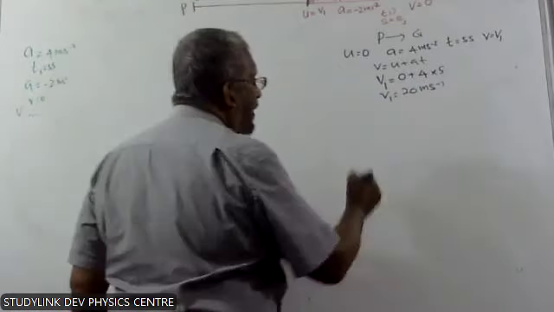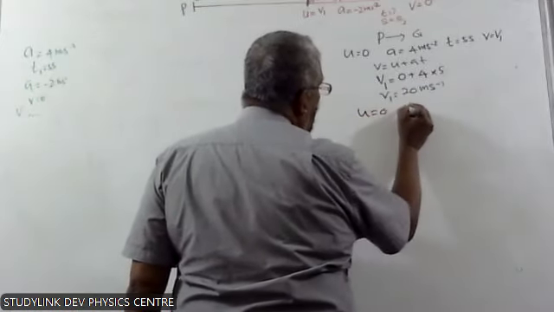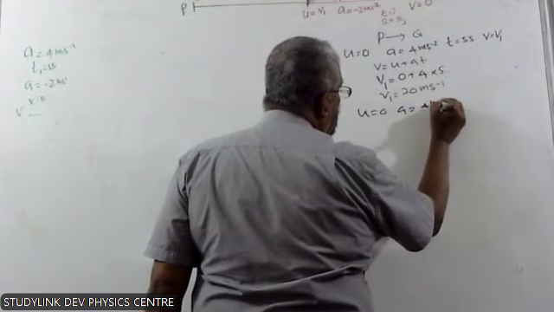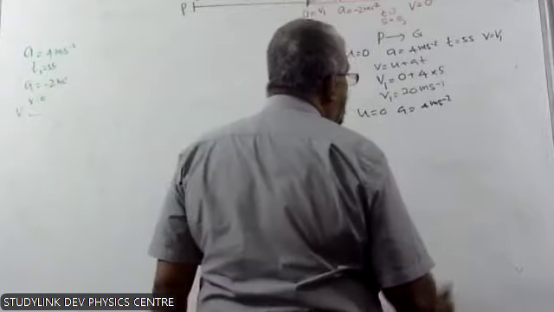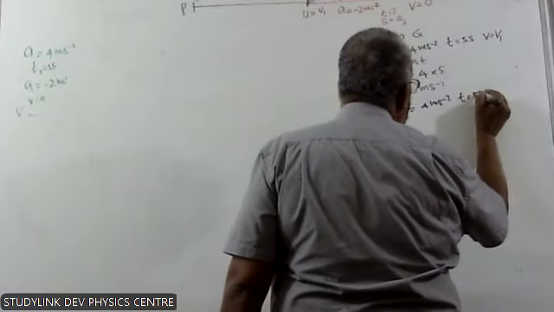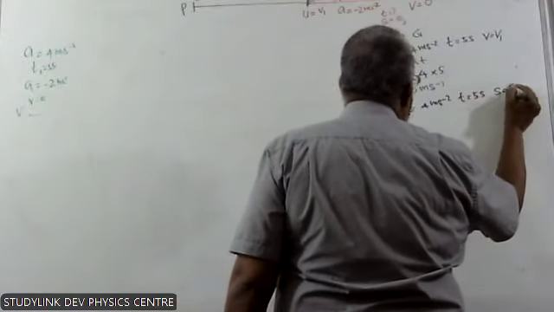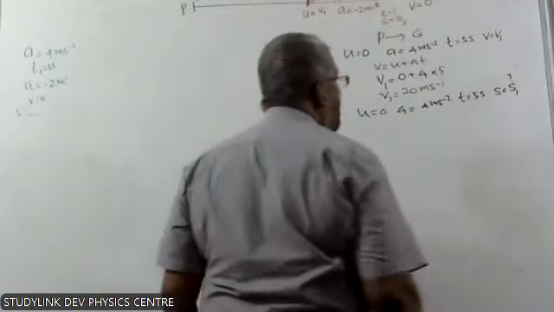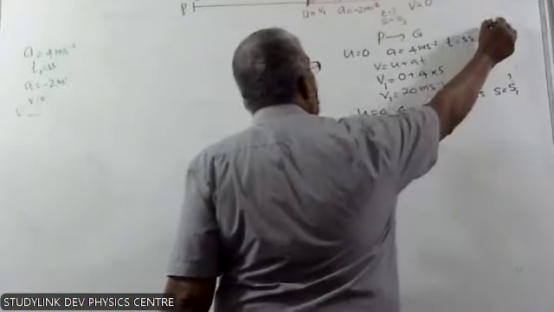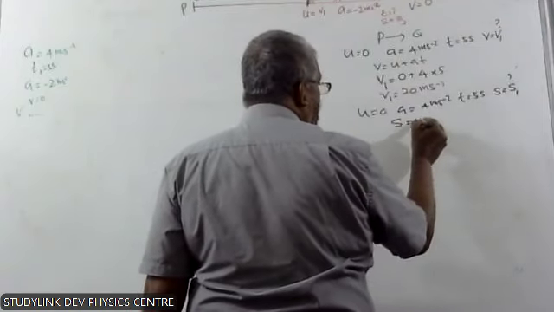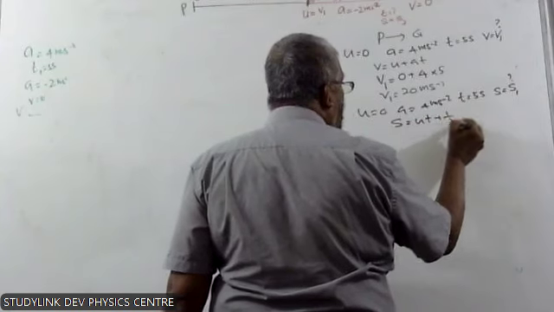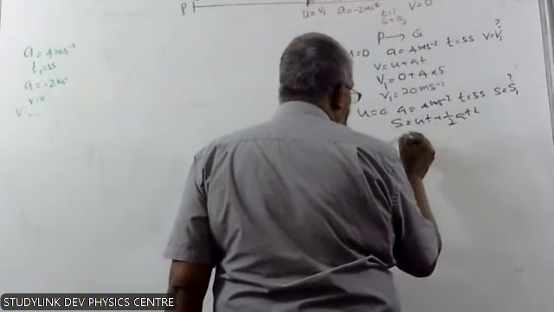Then in the same way, U is equal to 0, A is equal to 4 ms⁻² and T is equal to 5 seconds and S is equal to S1. This is to be found. Then S equals UT plus half AT squared.